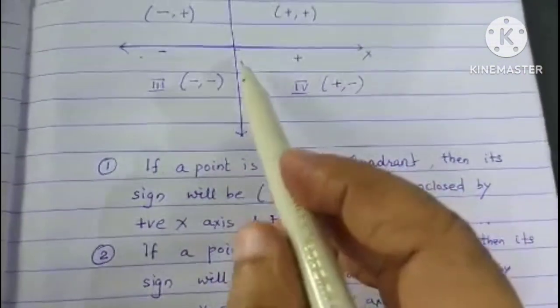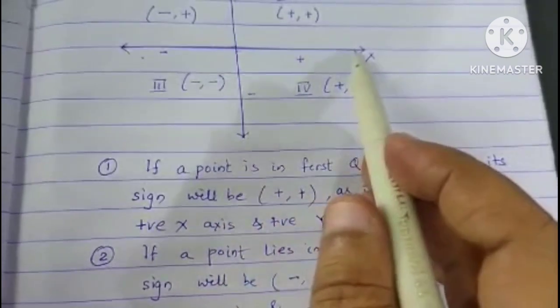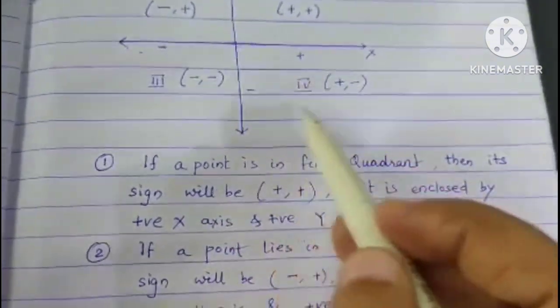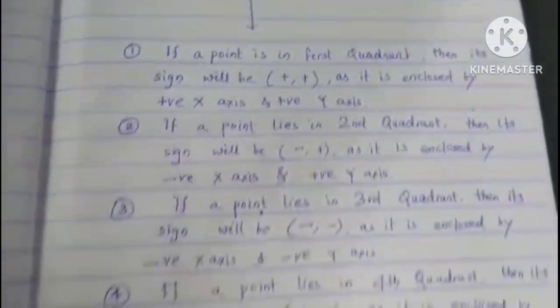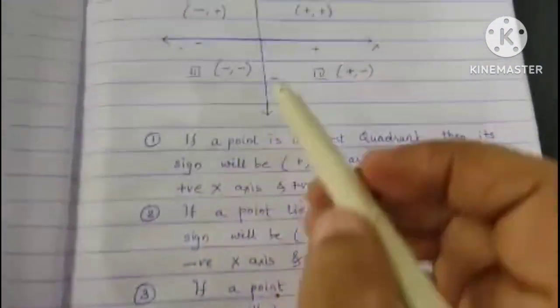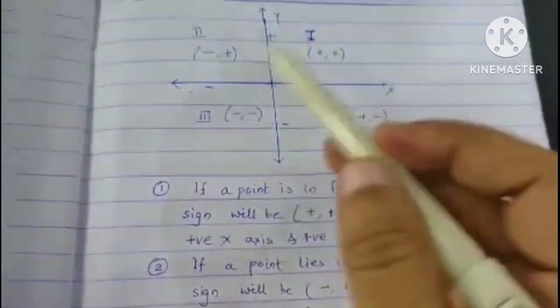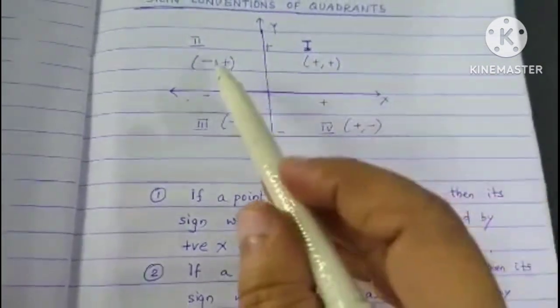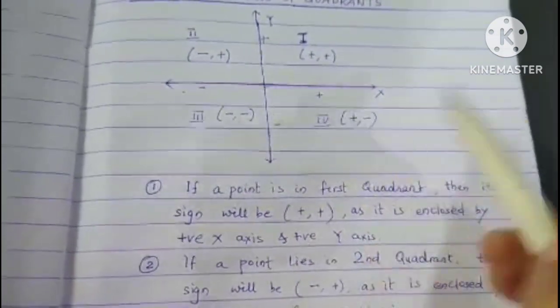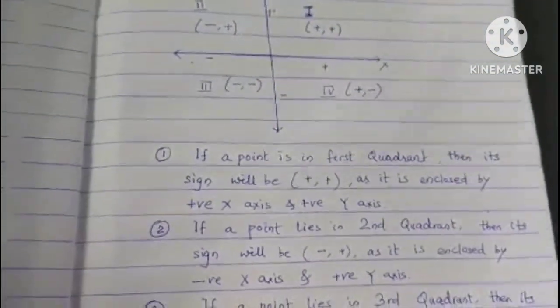You can watch here, this is the positive x axis, this is the negative y axis, so the points lying here will be of the form plus and minus. So I hope this is clear to you. You can remember this figure: quadrant 1, quadrant 2, quadrant 3, quadrant 4, signs will be plus plus, minus plus, minus minus and plus minus. When we solve the problem, it will be more clear.